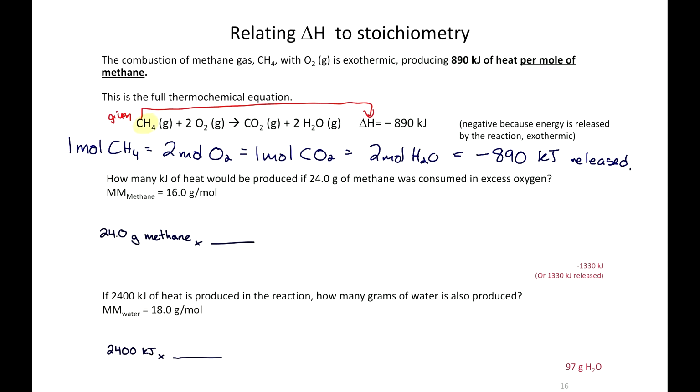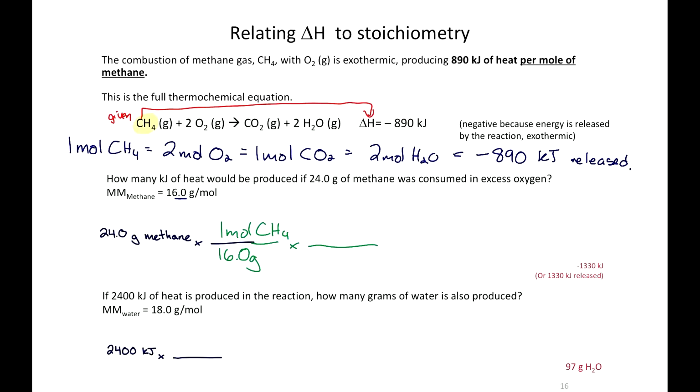If I start with 24 grams of methane, I need to be in moles to use the balanced chemical equation. So I have to use the molar mass of methane. That's 16. But where am I going to put the 16, on the top or the bottom? Bottom, good. Just want to make sure you guys still got it. All right, so we have this many moles of CH4. Now I'm in moles, so I can get on the bus to use the balanced chemical reaction. But remember, I don't want to go to any product or reactant.